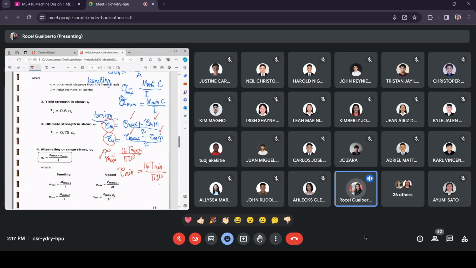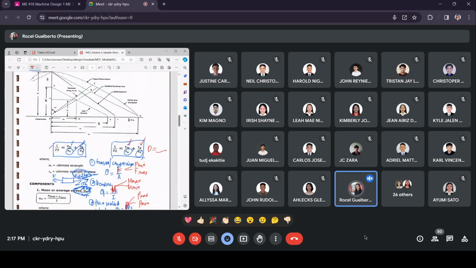You have here tau max is 16 T max over pi d cube. Tau min is 16 T minimum over pi d cube. So if you'll obtain tau M and tau A, that would be in terms of the d cube. So yung dimension po natin, it would be on this tau M, tau A, sigma M, and sigma A. Okay, so dimensions are on those parameters po.